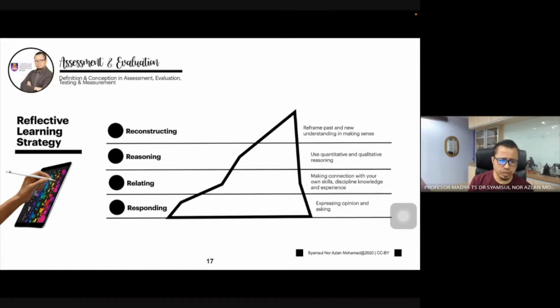All right. So the reflective learning strategy is really significant with the cognitive learning domain. There are four stages when we talk about reflection and a reflective learning strategy from the perspective of cognitive learning. Number one, you can see, is the perspective of responding.